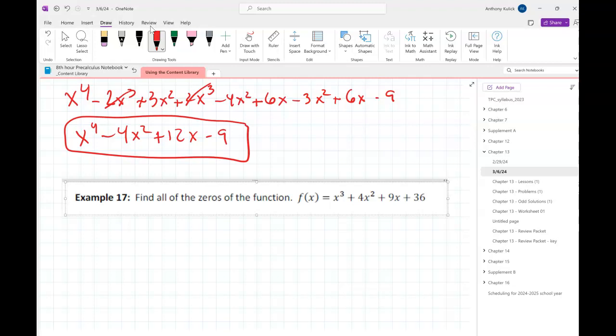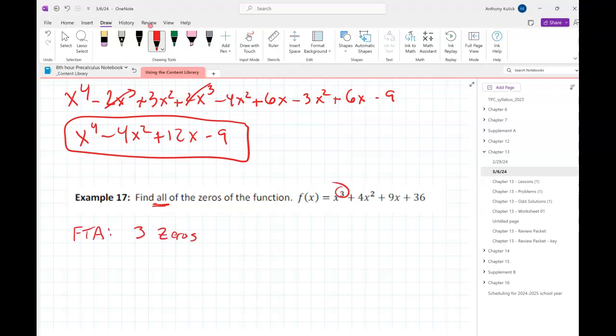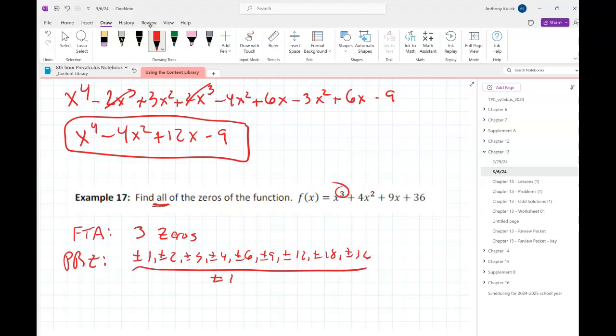All right, find all the zeros. That means complex and real for the function. So we start. The Fundamental Theorem of Algebra tells us that we have exactly 3 zeros. Our possible rational zeros are going to be factors of 36. Ooh, there's so many. Over the factors of 1.